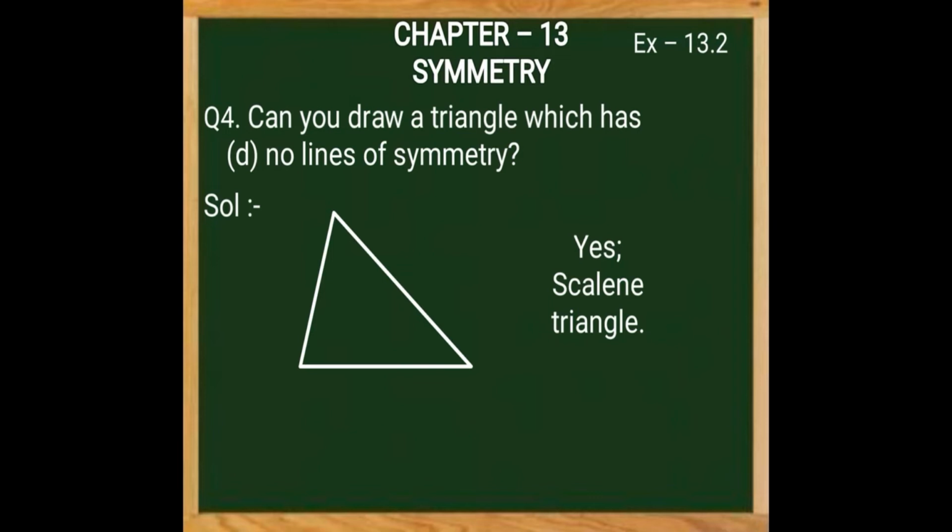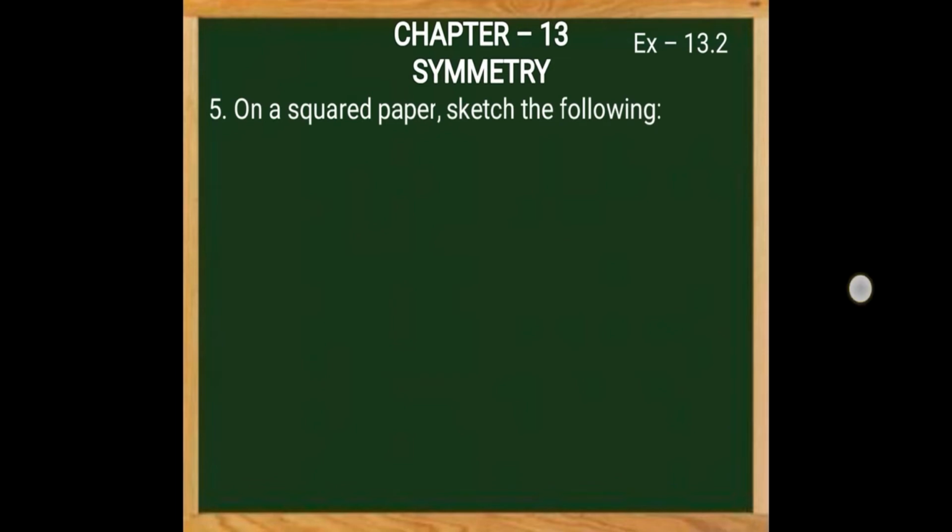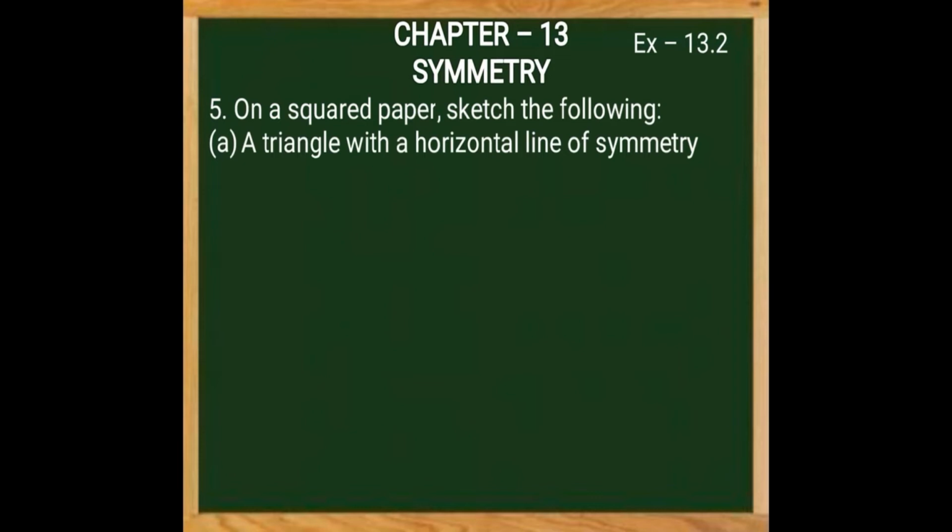Now let's move to question number 5, the next question. See, question number 5 says, on a squared paper, sketch the following. And what do we need to sketch? A: a triangle with a horizontal line of symmetry, but no vertical line of symmetry. A triangle must have a horizontal line, but it must not have a vertical line of symmetry.